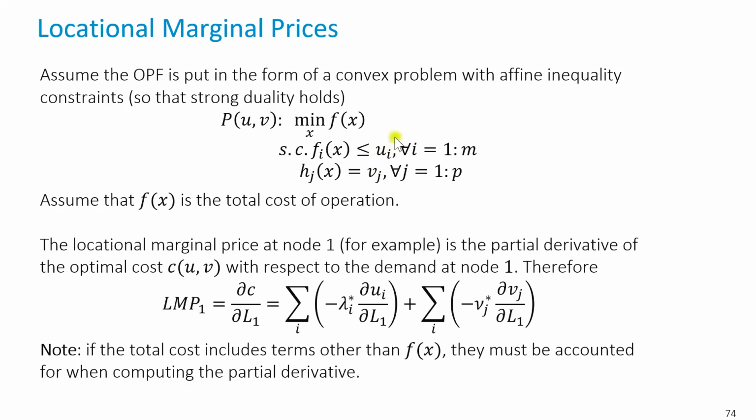Now, if we go back to the concept of an OPF, assume I cast the OPF in this form. Of course, when I cast it in this form, the u and v are complex formulations that depend on all the quantities of my grid.